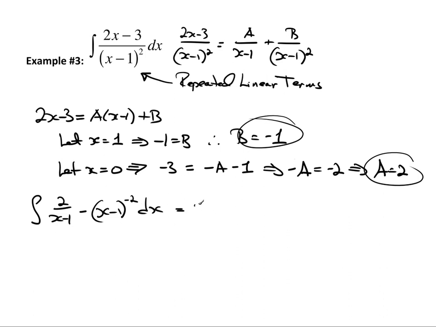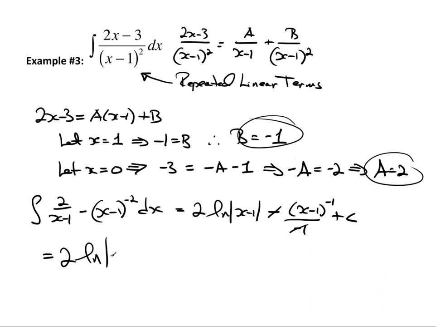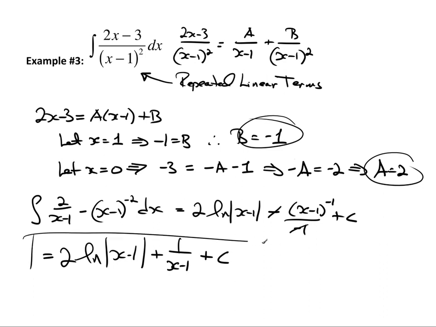This is going to be equal to 2 ln (x minus 1) minus (x minus 1) to the negative 1 divided by negative 1. So the negatives are going to cancel. That becomes a positive, plus C. So my solution is simply 2 ln absolute value of (x minus 1) plus 1 over (x minus 1) plus C.